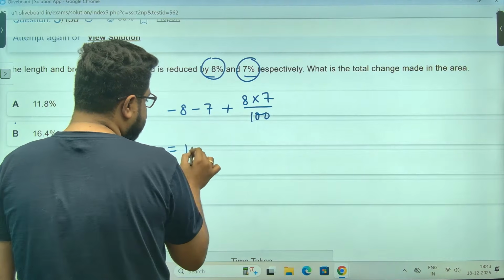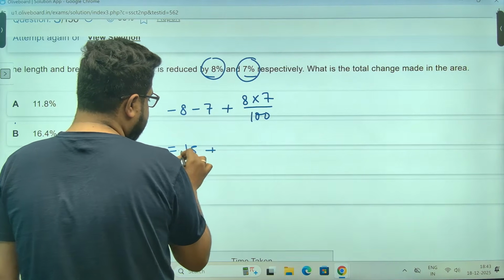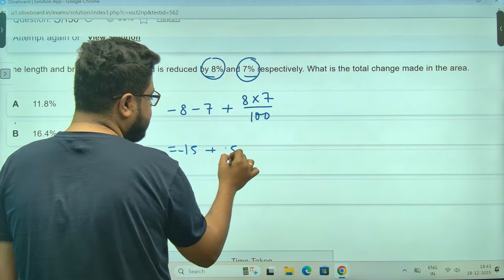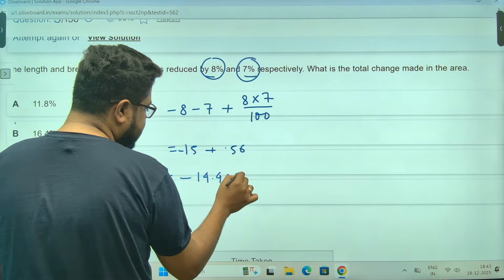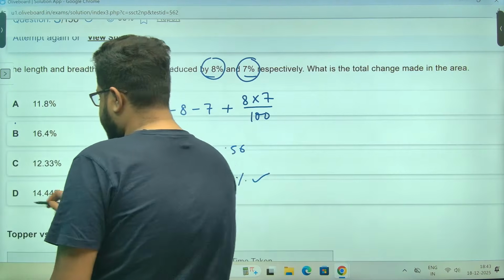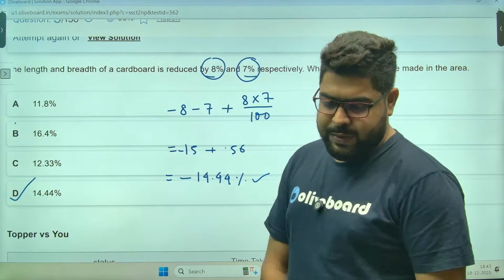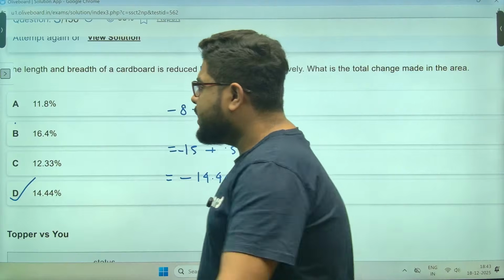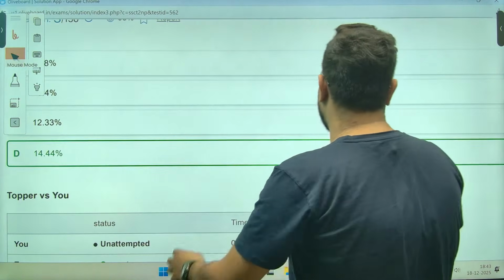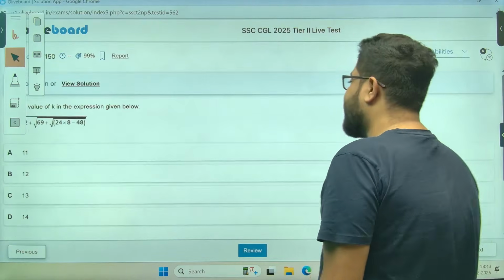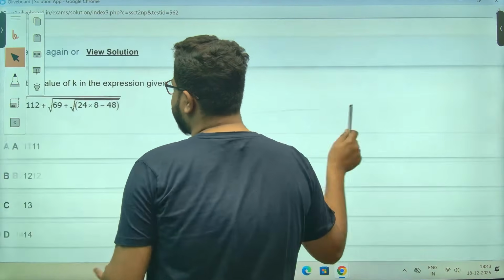So 7 and 8 is 15, minus 15 plus 0.56. So that means minus 14.44%, a reduction. Option D has 14.44%. That's your answer. Again, 10 seconds, that's all three questions. The first three questions should not take you combined more than a minute.